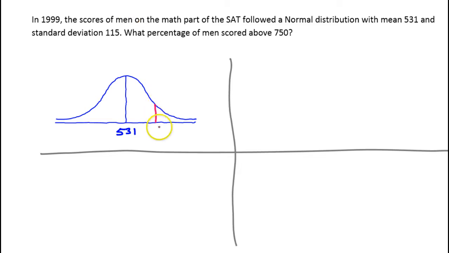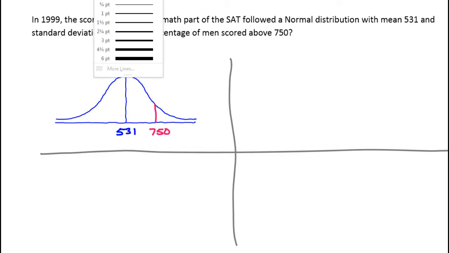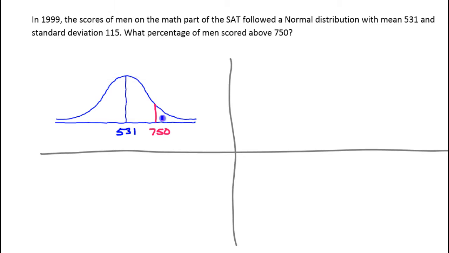It doesn't matter exactly where, but it's above 531, that's for sure. Keep in mind, if we want the percentage of men that scored above 750, we're talking about this part of the graph to the right of 750. Alright, let's label this up.